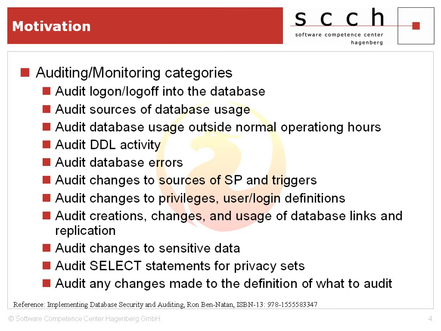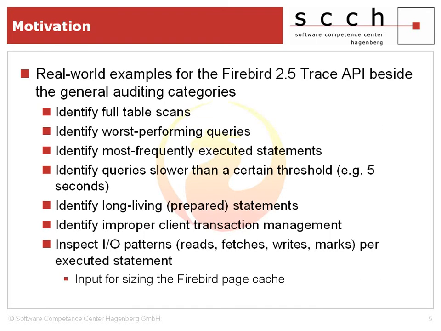It's probably not possible with these things. So, getting back a bit to real-world examples for the Firebird 2.5 Trace API, beside the auditing categories in the previous slide, you can identify full table scans. So you can identify your worst performing queries in respect to the execution time. You can identify the most frequently executed statements.